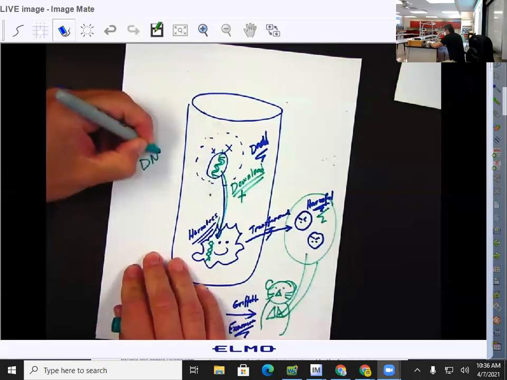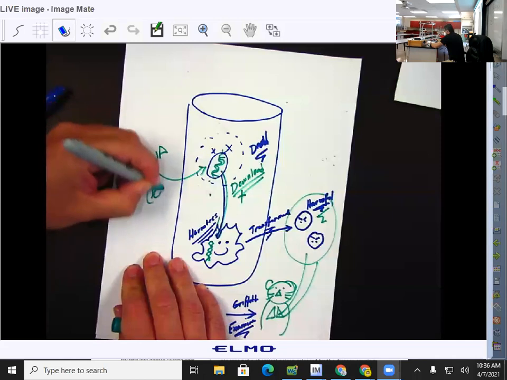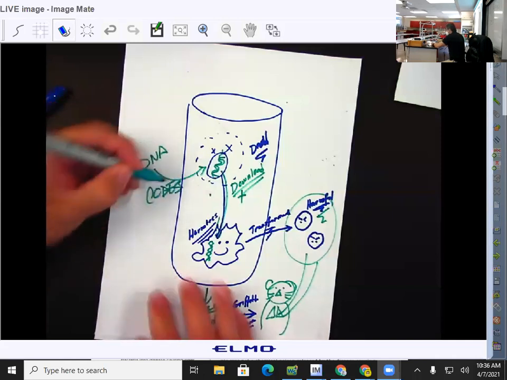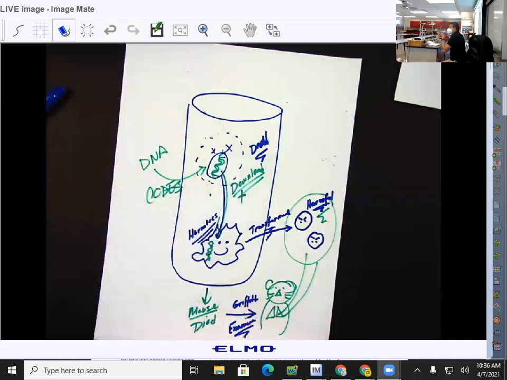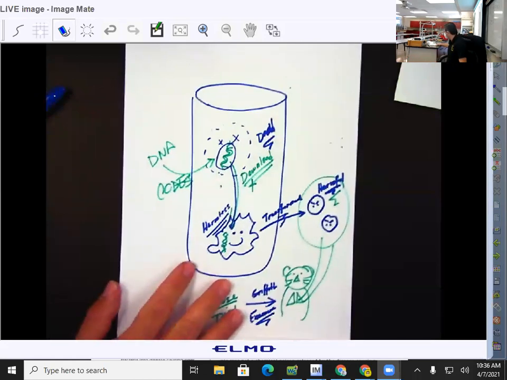The DNA right here, those are codes. And when those codes get downloaded, it transforms you and gives you new abilities. Does that make sense? Ariel, are you with me on this? Okay, so explain it to me. Someone explain it to me.